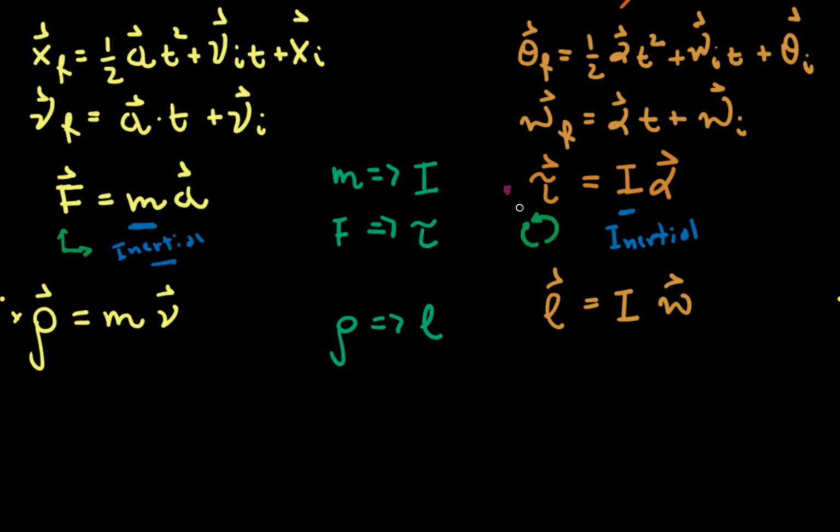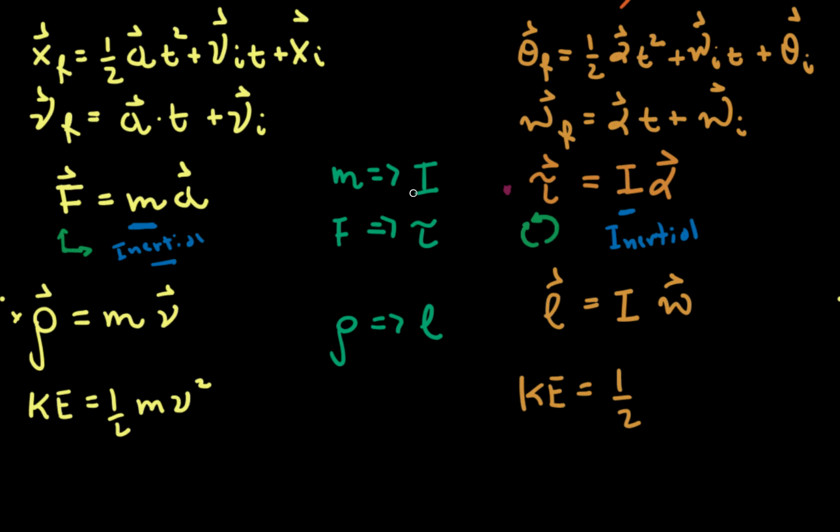And the last thing I want to write here is kinetic energy. It's 1/2 mass times velocity squared. This was an amount of energy that is tied to translational motion. There is also a kinetic energy that amounts to rotational motion. Mass here is just an inertial term.